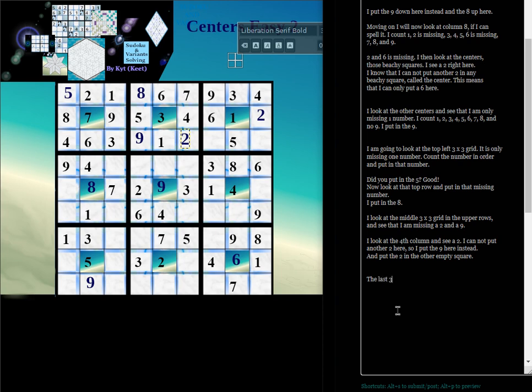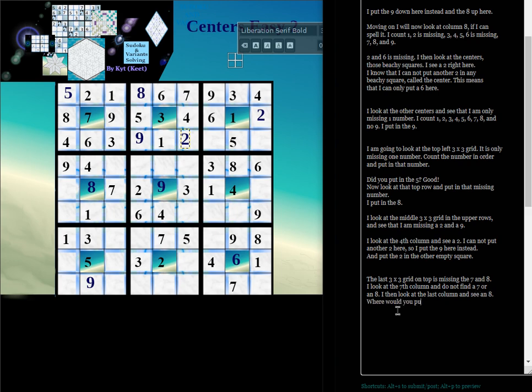Now the last 3x3 grid on top is missing the 7 and 8. I look at the 7th column and do not find a 7 or an 8. I then look at the last column and see an 8.